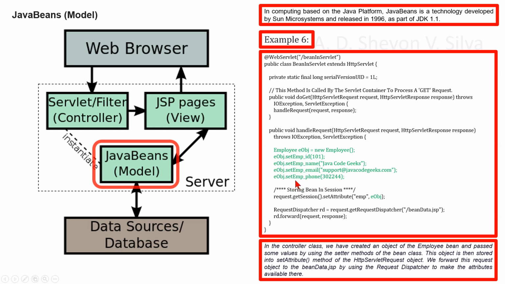This object is then stored using the set attribute method of the HTTP servlet request object. We forward this request object to the beandata.jsp by using request dispatcher to make the attributes available there.